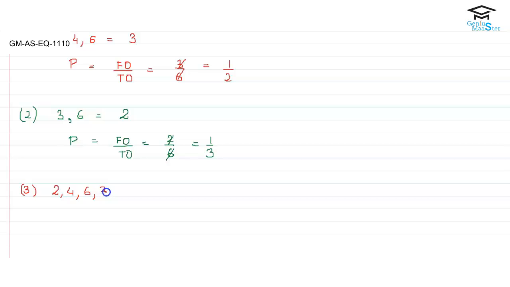So there is 3 and 6. 6 we already have here. So total favorable outcomes is 4. So probability will be equal to favorable outcomes upon total outcomes, and this will be equal to 4 upon 6. When we cancel it, we get 2 into 2 is 4, and 2 into 3 is 6, which is equal to 2 by 3.